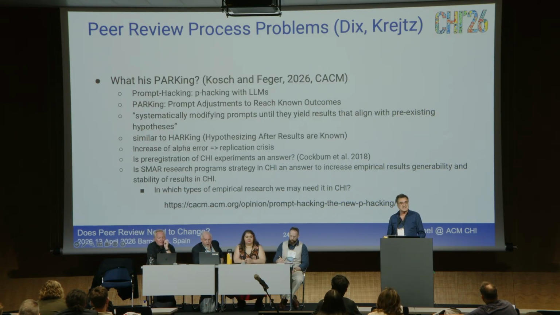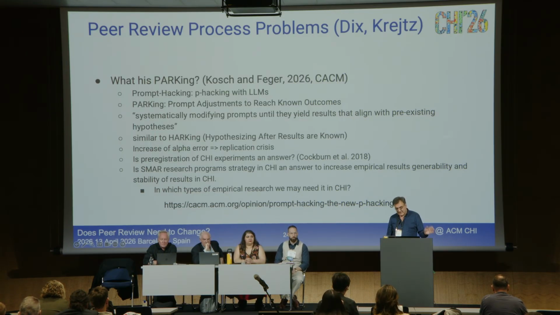So parking is this brave new cousin of p-hacking, because both involve repeated tweaking until the result looks publishable or acceptable to R2. The consequence is familiar: inflated false positive risk, weaker credibility, and greater difficulty in replication.